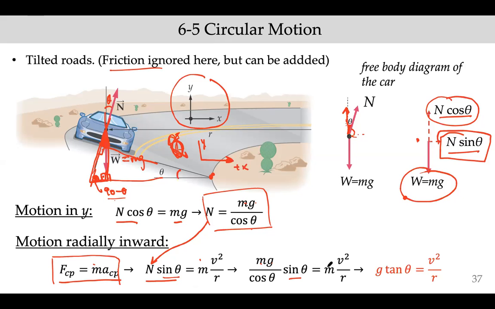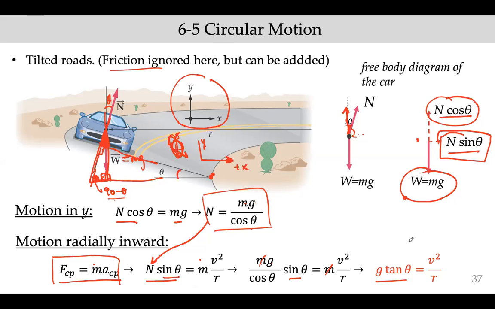Now let's cancel m's. Here we get g times tangent theta, and on the other side, v squared divided by r. So again, you can see that for a given angle, there is an equation that relates the angle, g, v squared, and r.